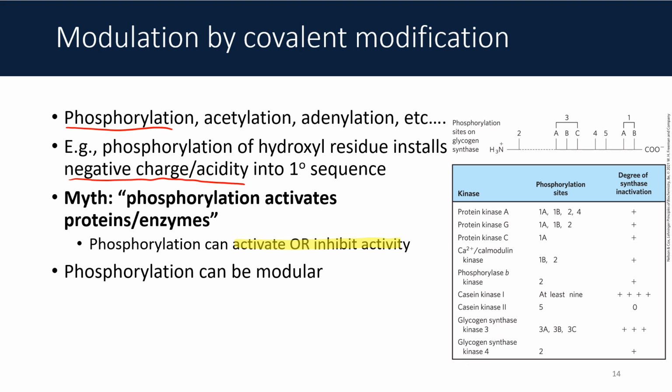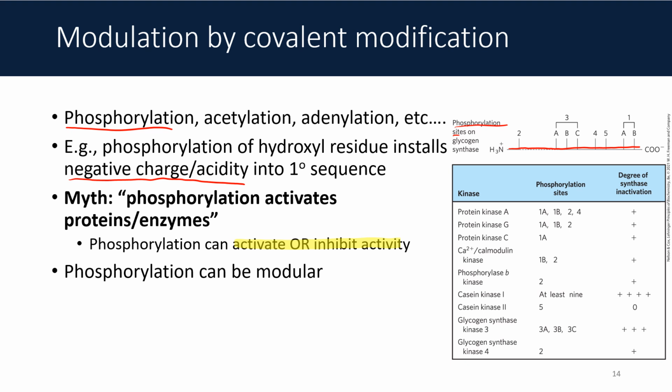We have abstracted the primary sequence of glycogen synthase as a line, and we have identified in that line different potential residues that could be phosphorylation sites.